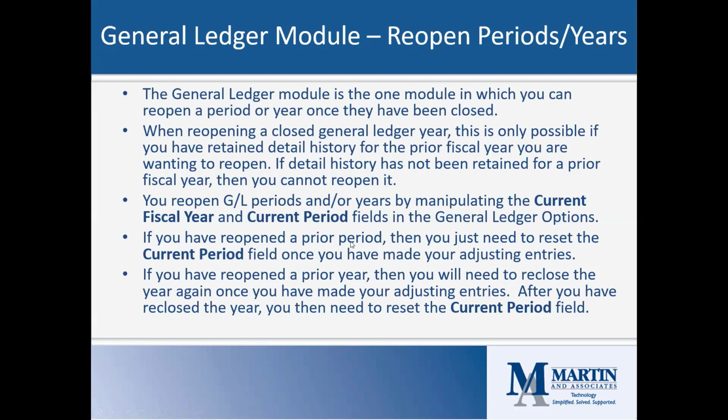If you reopen a prior period, then you just need to reset the current period field once you make your adjusting entries. This last note is very important. If you reopened a prior year, then you will need to reclose the year once you've made your adjusting entries. After you reclose the year, you then need to reset the current period field back to the current period. So let's talk about that in a minute.